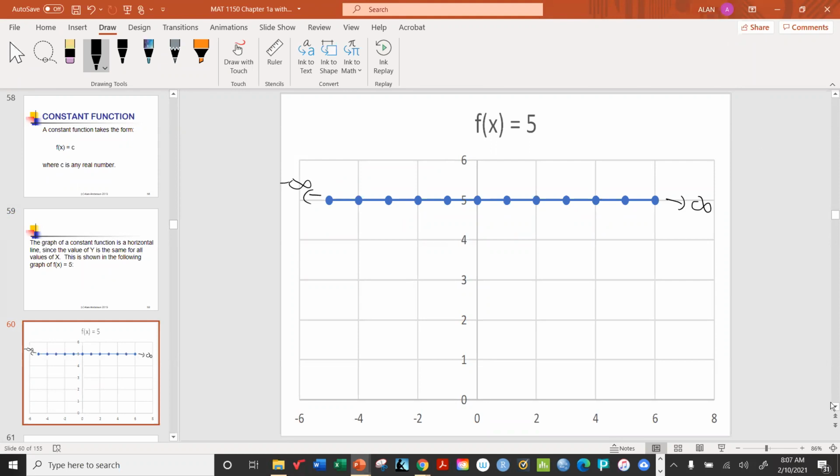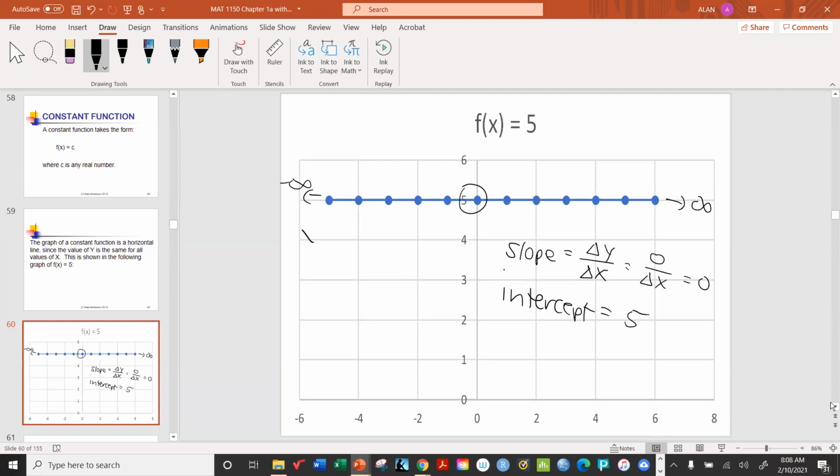The slope of this line, which as you know is delta y over delta x, you can see that y never changes. So the slope of this line is just 0. The intercept is 5.